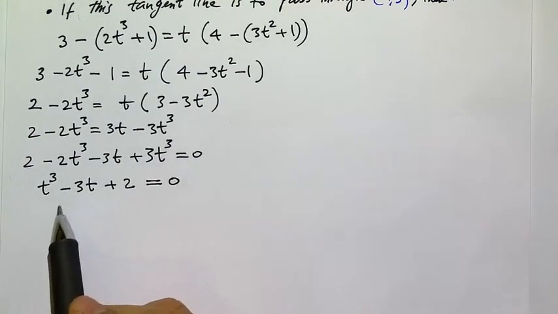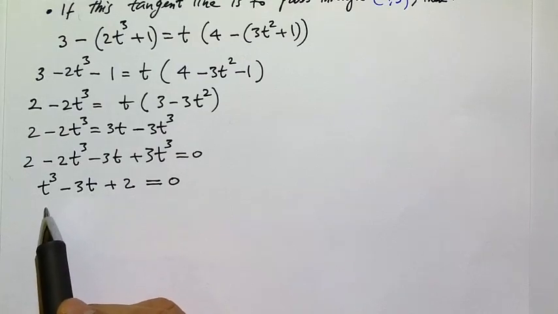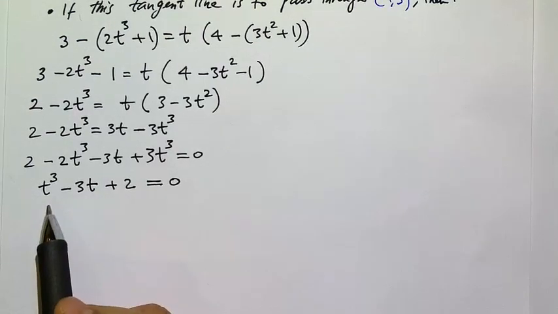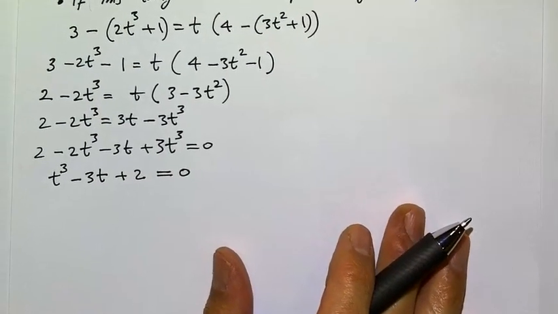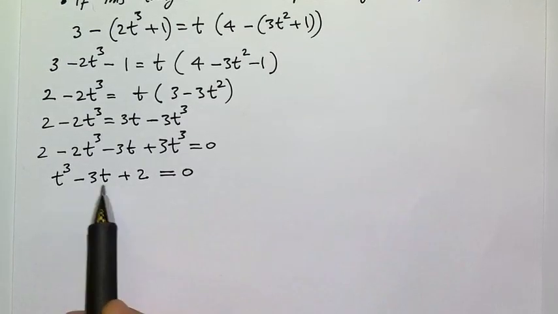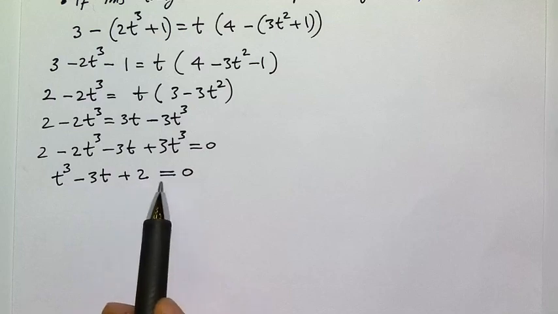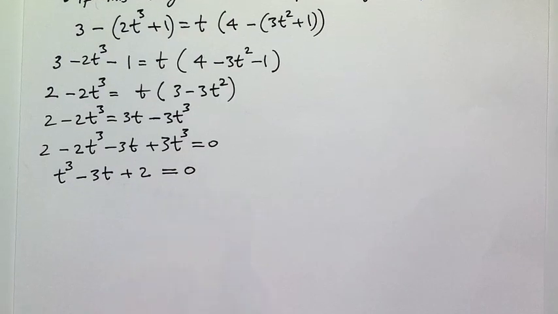Based on that, but this is a small expression, so we can just try some numbers that we think might work, one of them being t equals 1. It just happens that if you try t equals 1 in this equation, it'll be equal to 0. So it turns out that positive 1 is a rational 0.